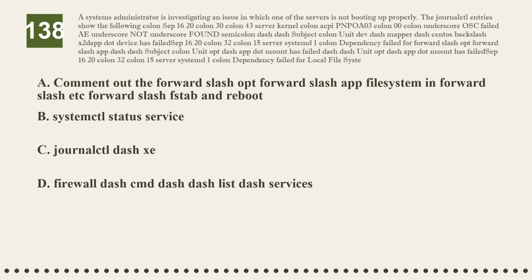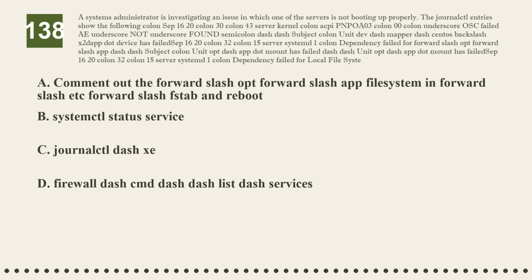Subject unit dev mapper CentOS \x2 dap.device has failed. Sep 16 20:32:15 server systemd 1 dependency failed for /opt/app. Subject unit opt-app.mount has failed. Sep 16 20:32:15 server systemd 1 dependency failed for local file systems.